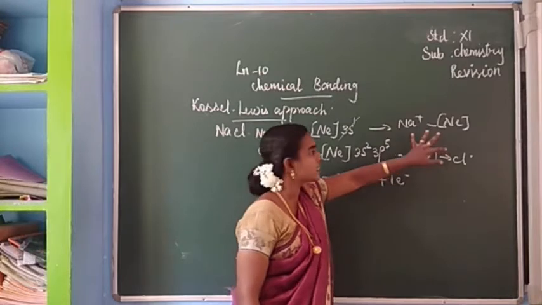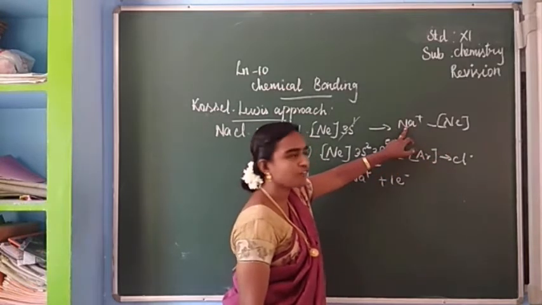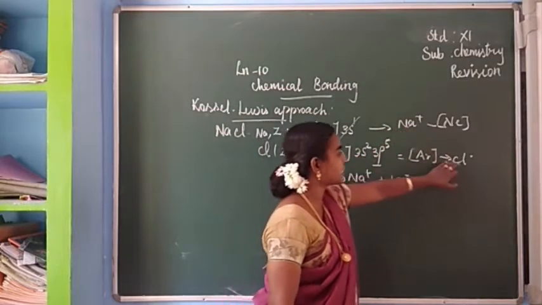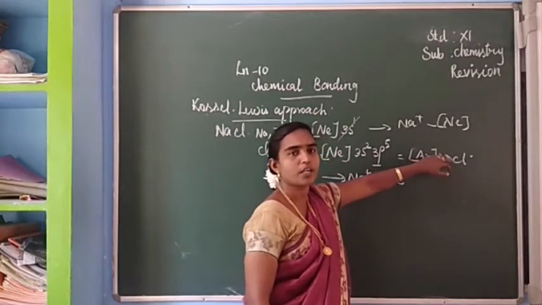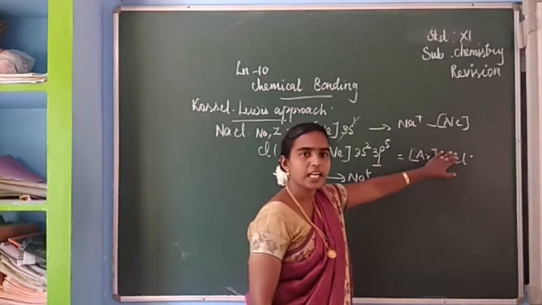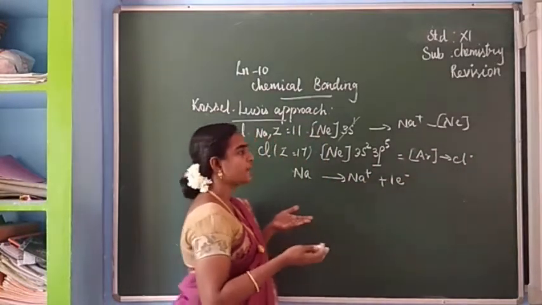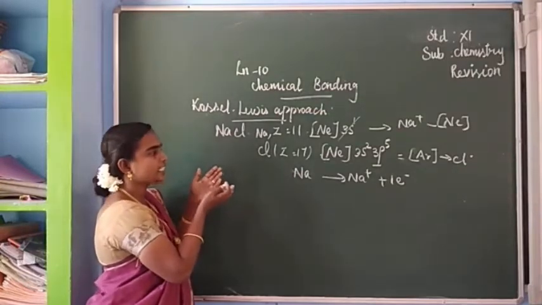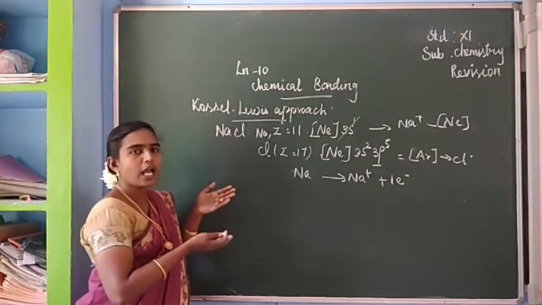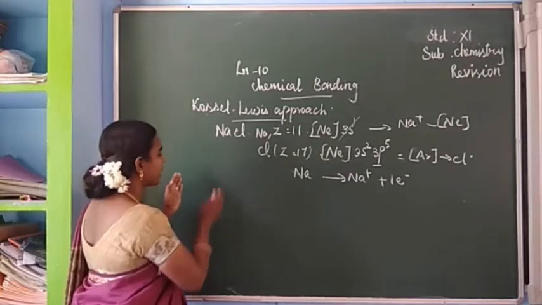Is it clear, students? Now there is an attractive force between Na plus and Cl minus. That is why this attractive force is otherwise called a chemical bond. Now we can see how Lewis related the chemical bond and structure, which can be explained like this.